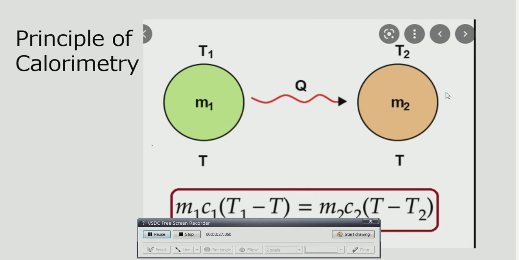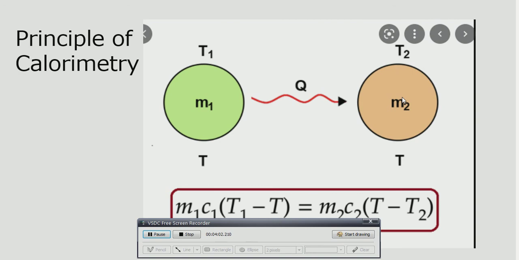No further exchange with the outside environment is allowed. So if this whole system of M1 and M2 is insulated from outside, and the temperature T1 is more than T2, then M1 will give heat to M2 and M2 will get heat from M1.